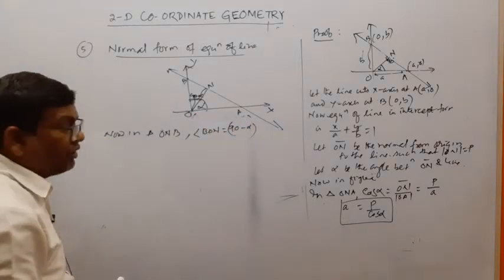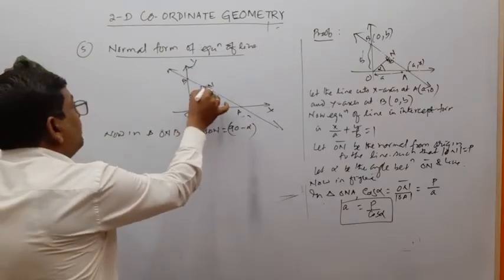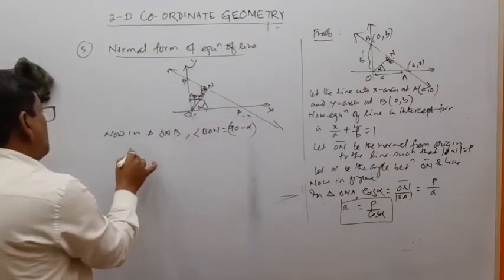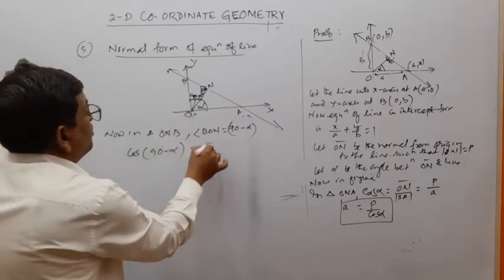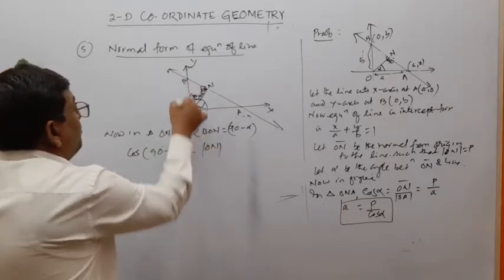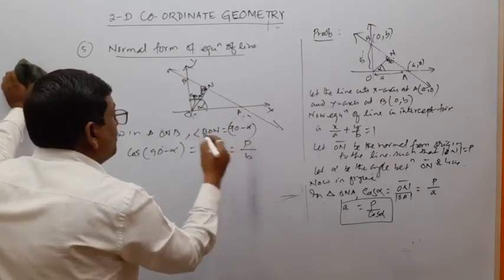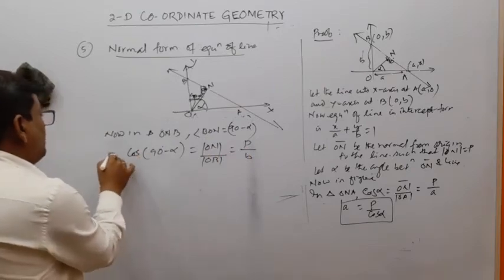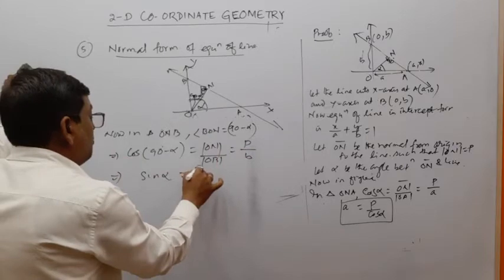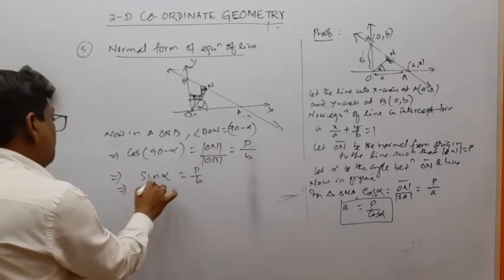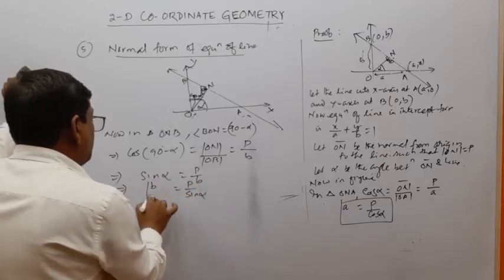Now cos of 90 minus alpha, with this being 90 degrees, equals base ON by hypotenuse OB, that is P by B. So sin alpha is equal to P by B, and B is equal to P by sin alpha. This is the value of B.